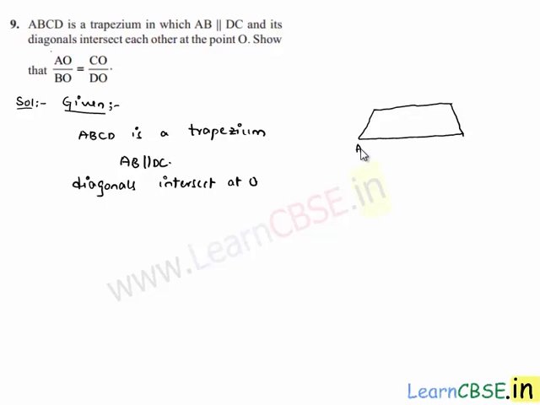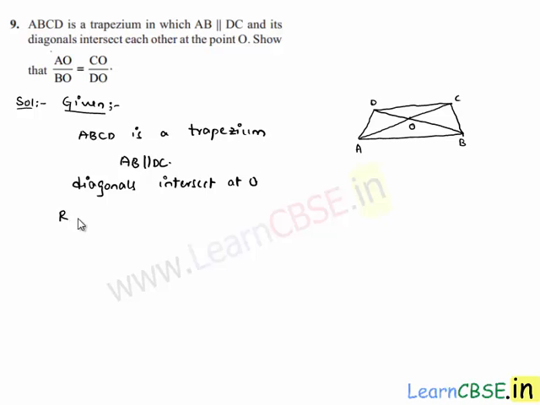That is trapezium ABCD in which AB is parallel to CD, and AC and BD will be our diagonals, which intersect at O.